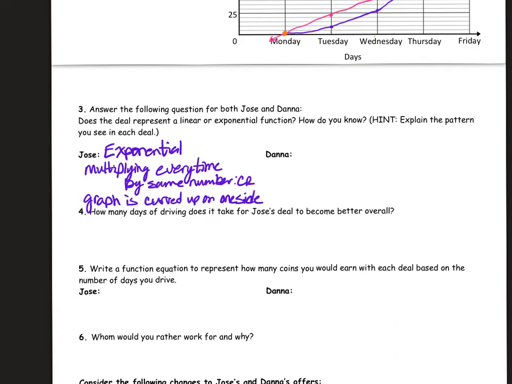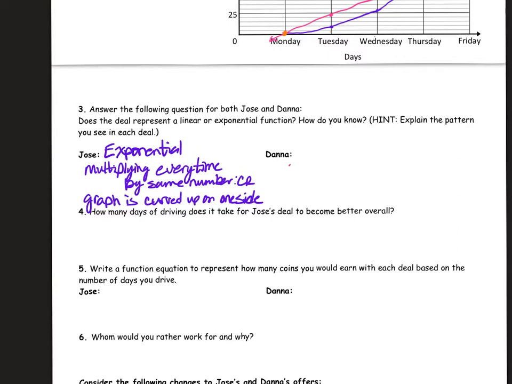Okay, so we're going to think about the same thing for Donna. Go ahead and tell if Donna's linear or exponential and give the reasons on how you know that. Go ahead and type that in. I'll give you a few seconds. Okay, great. Well, what do we know about Donna?